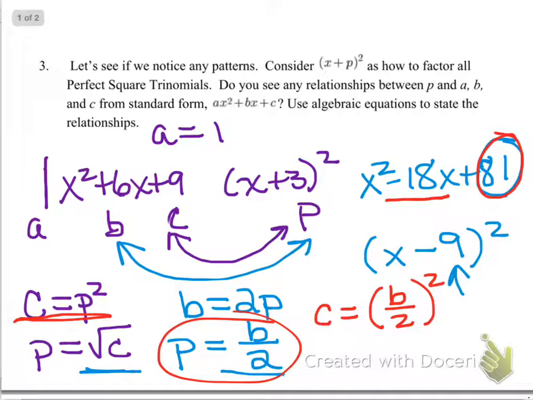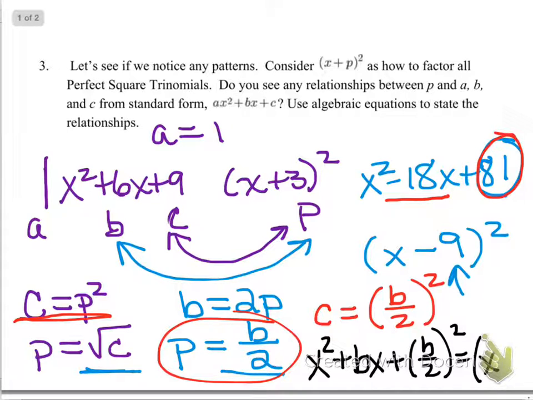And then finally, I'm hoping, and if you didn't get there, just write it down now. The last relationship we would want to notice is I could write this as x squared plus bx, so I'm doing a lot of substitution, plus b divided by 2, quantity squared. And that equals x plus b over 2, the whole thing squared.